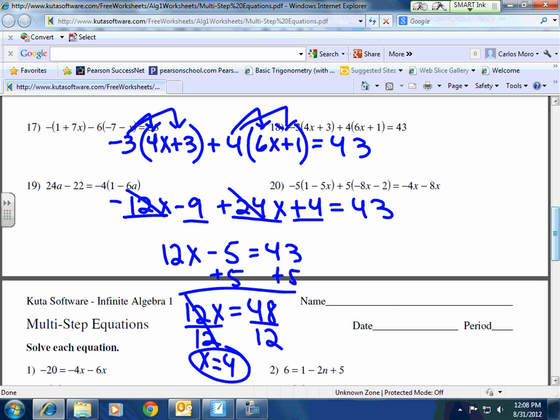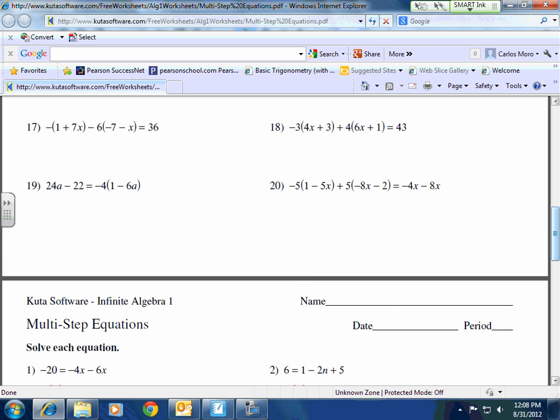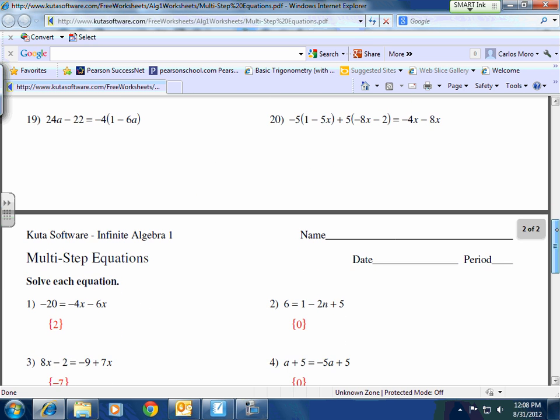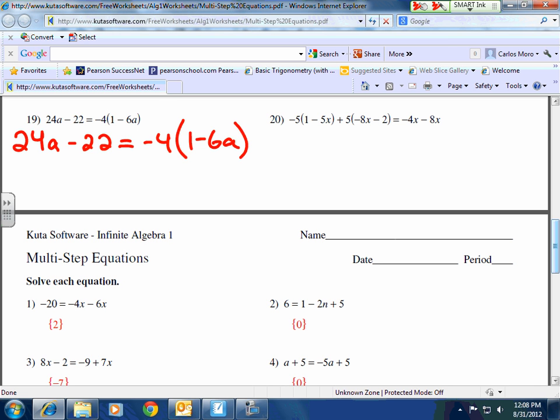All right. Two more. I've got 24a minus 22 equals negative 4 times parentheses 1 minus 6a. So first step, complete all distributive property.